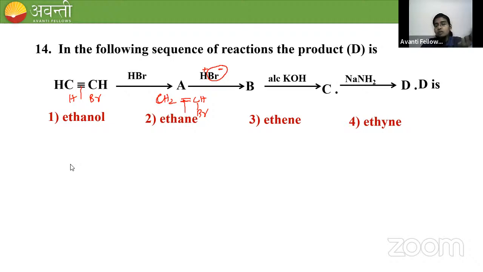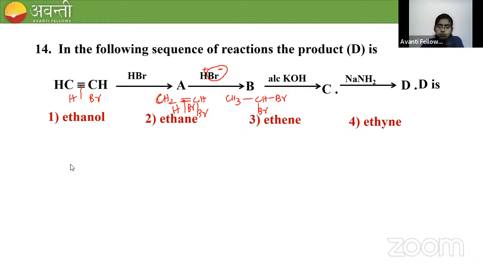So the negative part will go to the carbon which has only 1 hydrogen, that is the second carbon. So you have to add bromine to this carbon and hydrogen to the other carbon. We will get CH3CH, and already one Br is there, and now we have added another Br also.